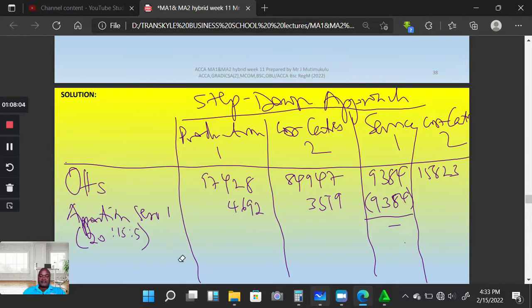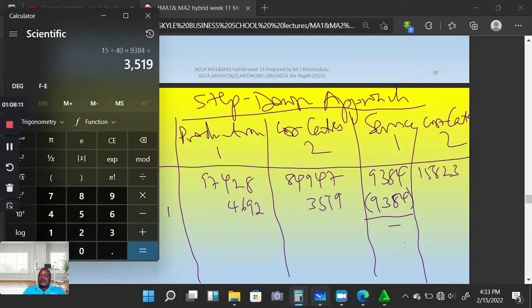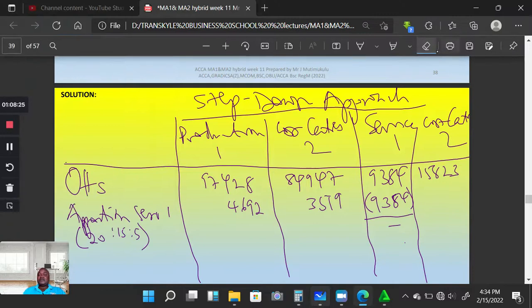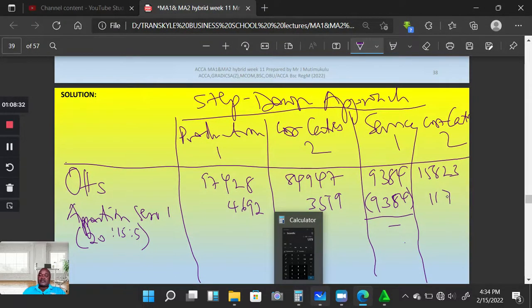Then we also have the last part, 5 over 40 multiplied by 9384. That's 1173. So we get these figures.